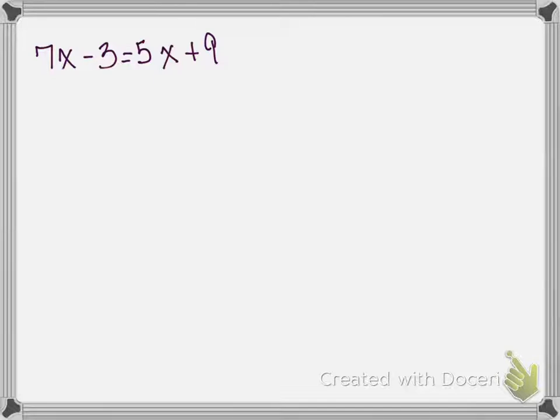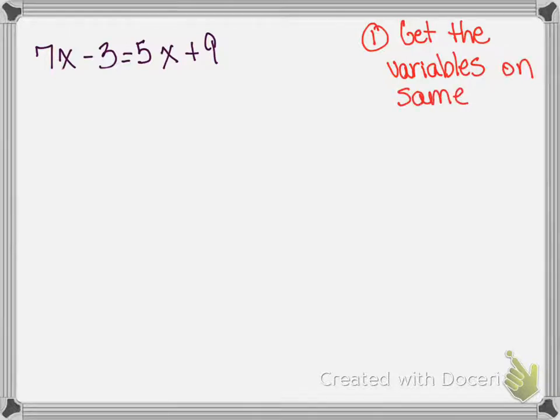Okay? So the first thing that I'm going to do here is get the variables on the same side. And when I say the same side, I'm talking about the same side of the equal sign.